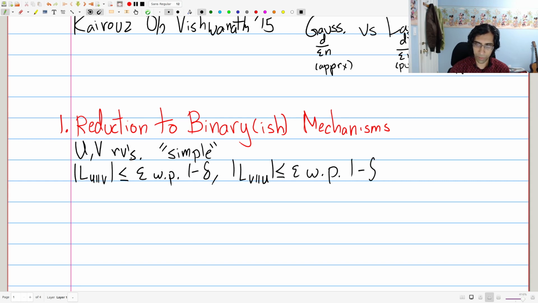Now, if you can't remember what the privacy loss random variable is, let me remind you one more time. It's going to be the following process. Imagine you have 2 random variables, A and B, let's say.